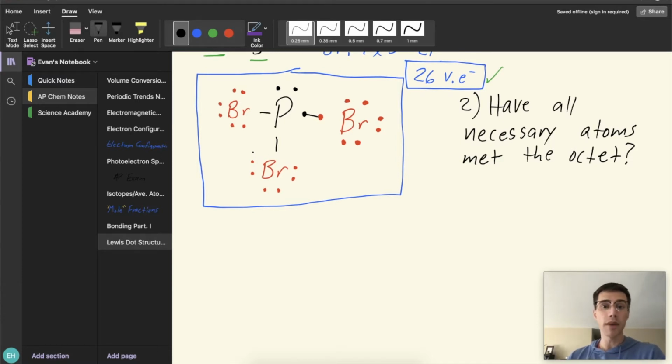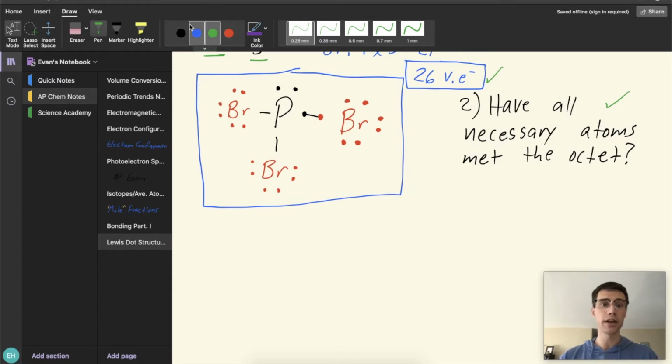So all of them have met their octet because they have a total of 6 electrons in their outer lone pairs and 2 extra electrons from that covalent bond. So now let's take a look at phosphorus. Phosphorus has 3 covalent bonds, which account for a total of 6 electrons and 1 lone pair. So 6 plus these 2 meets the 8. So yes, all of these atoms have met the octet.